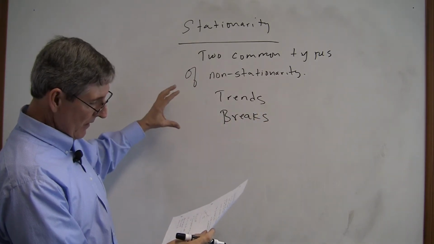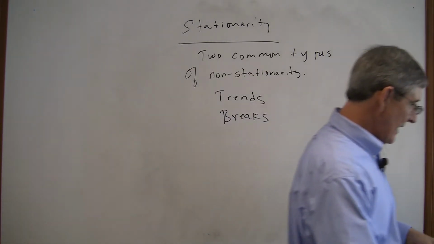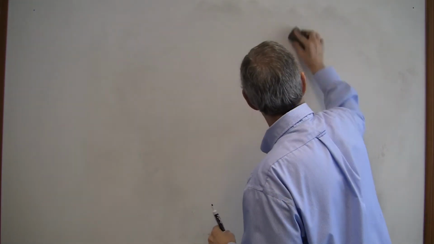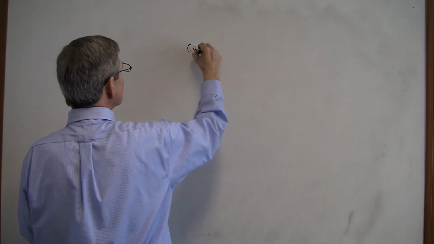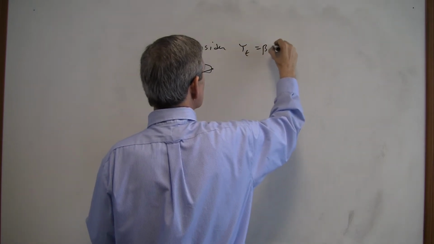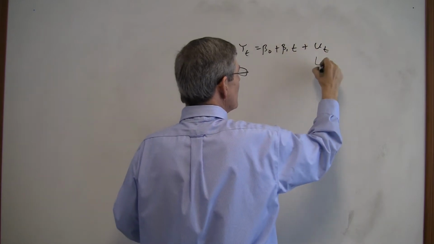So let's talk about the problem with trends. And as I said before, one example of a non-stationary series would be something like, so consider yt is beta 0 plus beta 1t plus ut, where this is normal.